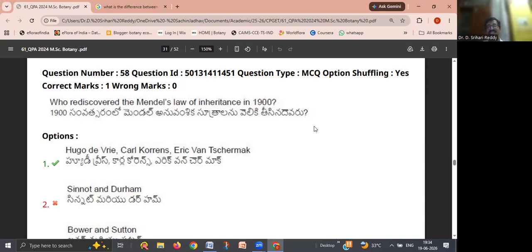Who rediscovered them? Hugo de Vries, Carl Correns, and Erich von Tschermak. These are the 3 scientists who rediscovered Mendel's laws of inheritance in 1900. So you have to remember that.